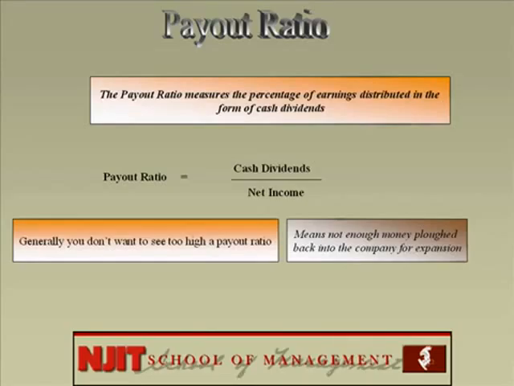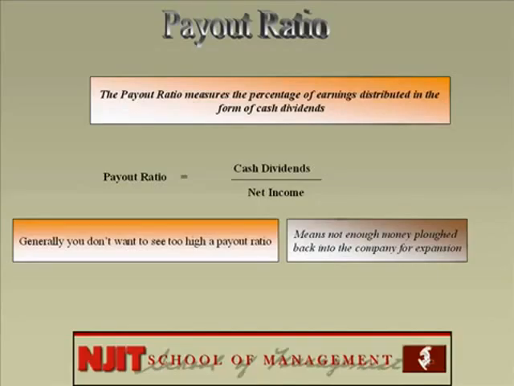Generally, though, a low payout ratio isn't necessarily bad. This means that the company is putting back money into the business for expansion. That's why they are not paying out their profits as dividends.